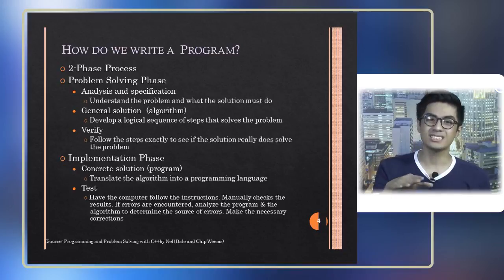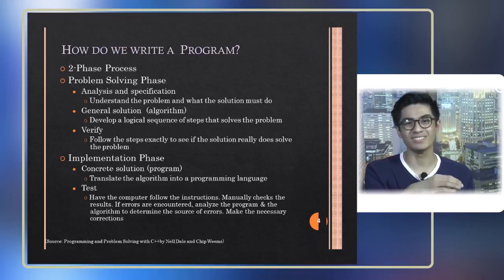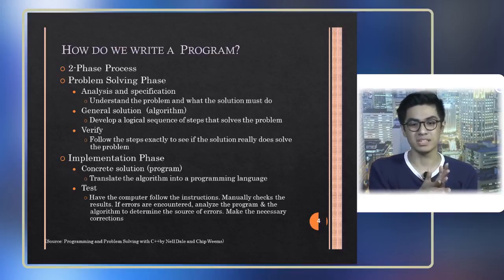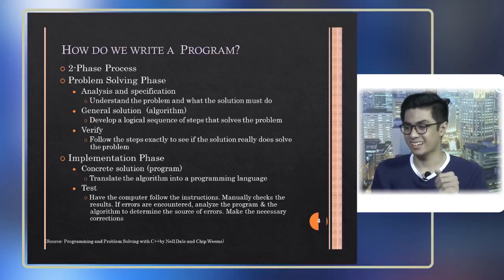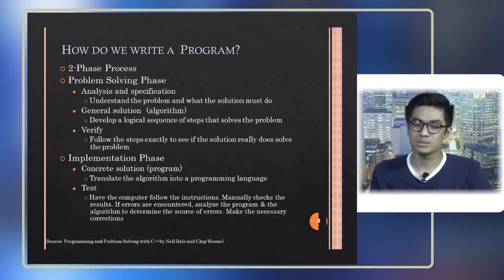Since we have translated our algorithm into a program, we should now test it for bugs, logical errors, and other errors encountered in the program. Once we see these errors, we should always correct them so that we get the correct output for our program.